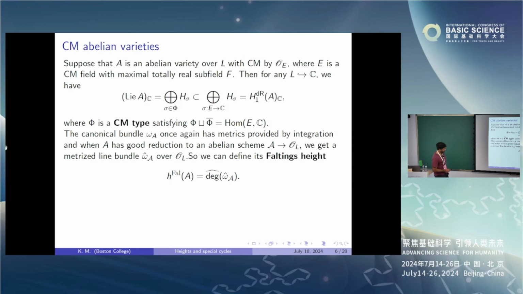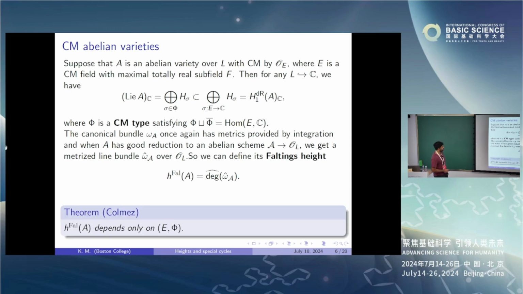Here's the theorem of Colmez. Just like with the elliptic curves, the CM type for elliptic curves doesn't carry that much information. Because you have a quadratic extension, there are only two embeddings, each the conjugate of the other. So up to conjugation, there's essentially only one CM type. But in this situation, the CM type is a non-trivial invariant.